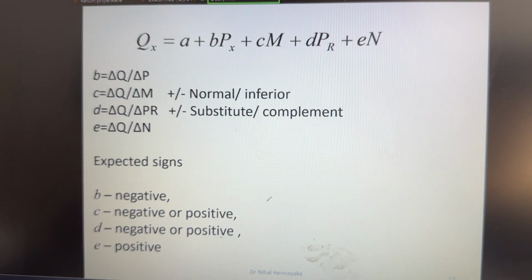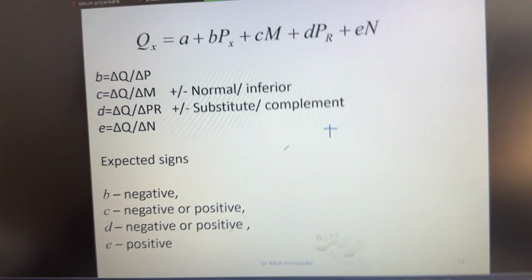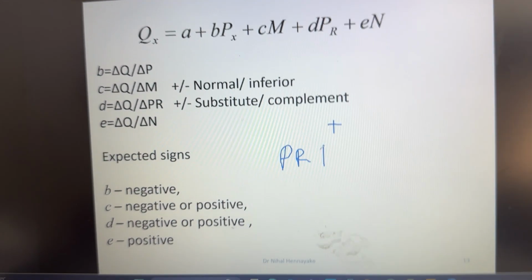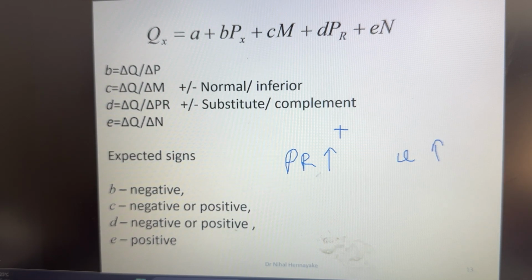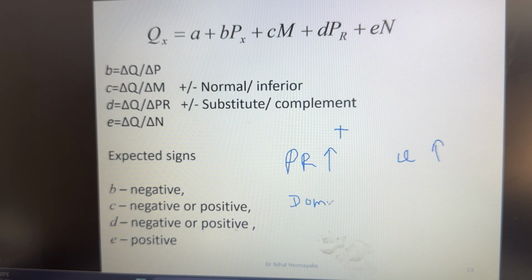Again, plus or minus. Say that if you get plus, what is the relation? If PR increases, Q will also increase. For example, we put here Domino's pizza price.